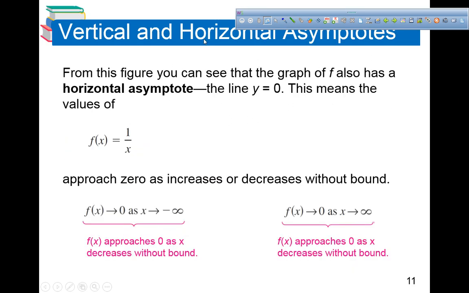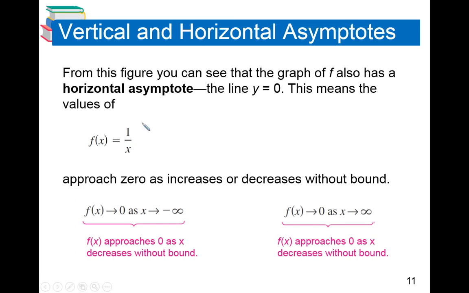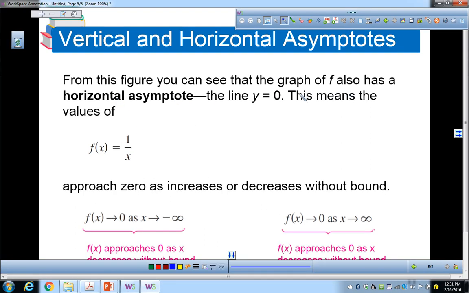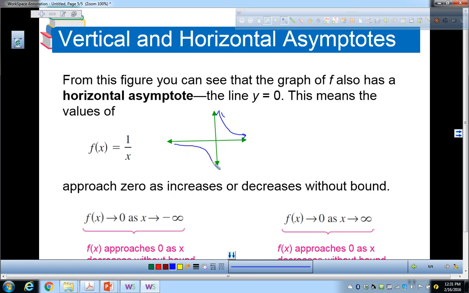Horizontal asymptotes occur as x gets very large in the negative direction or in the positive direction. So going back to our function over here, if I were to draw this little graph, it looks like this on this end, and this on this end, okay?